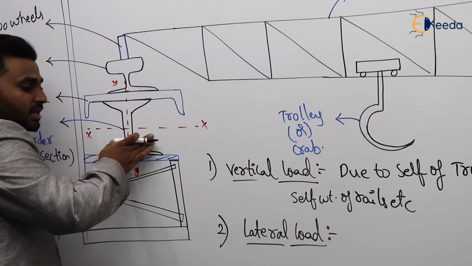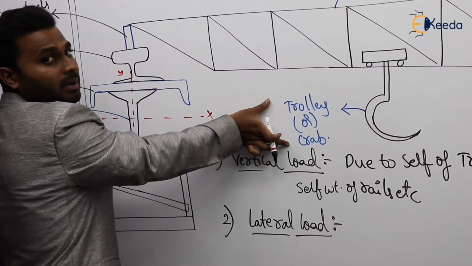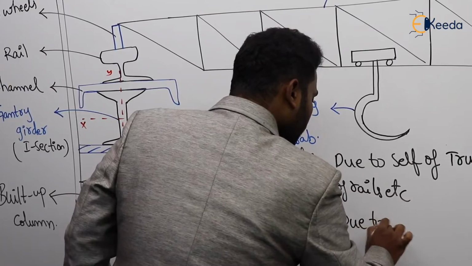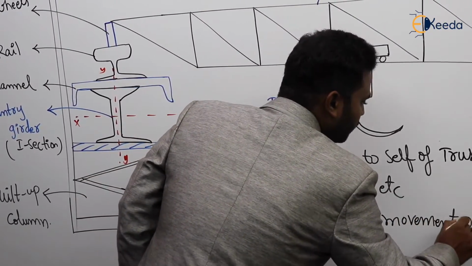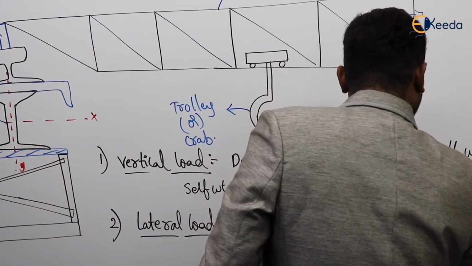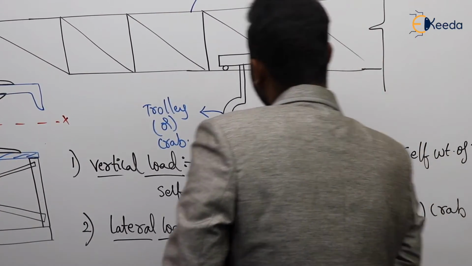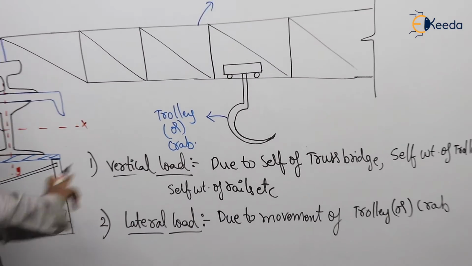The gantry girder is subjected to lateral load due to the movement of the trolley or crab. Because of this movement of the trolley or crab, the gantry girder is subjected to lateral load.